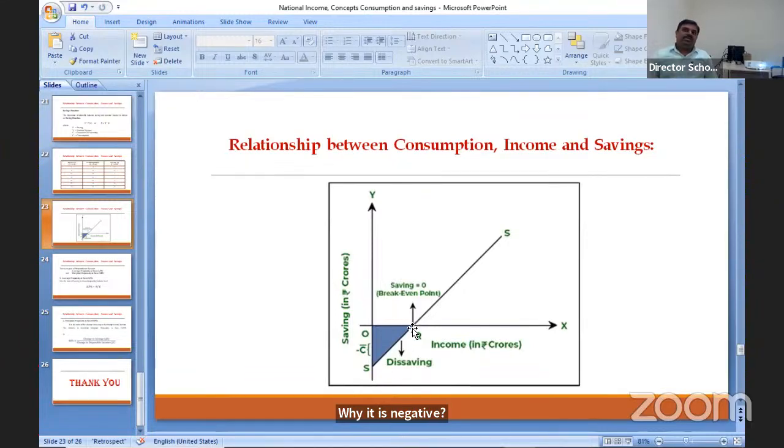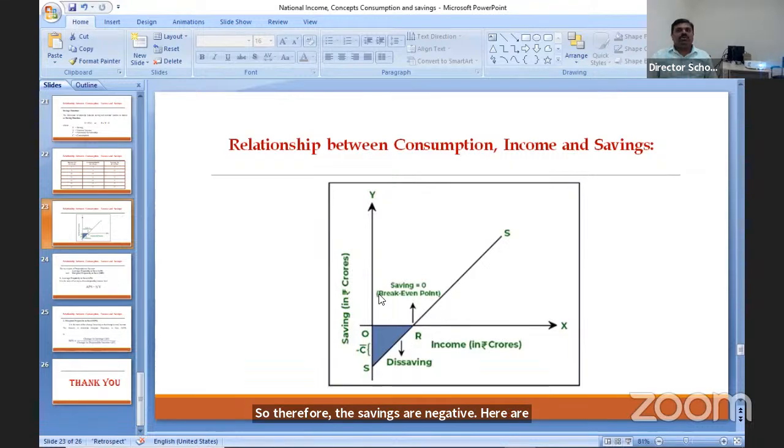Why does it show a negative slope? Here SR is negative. Which kind of consumption is responsible for making the savings negative? Autonomous. The change in consumption is negative, so therefore the savings are negative.